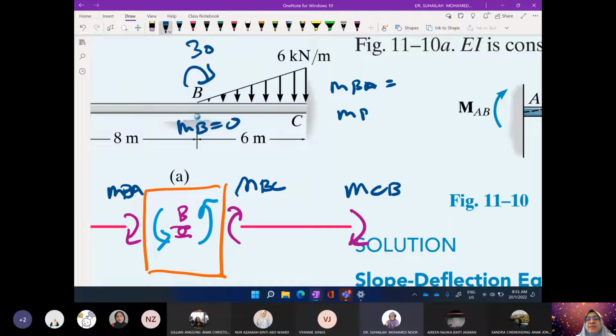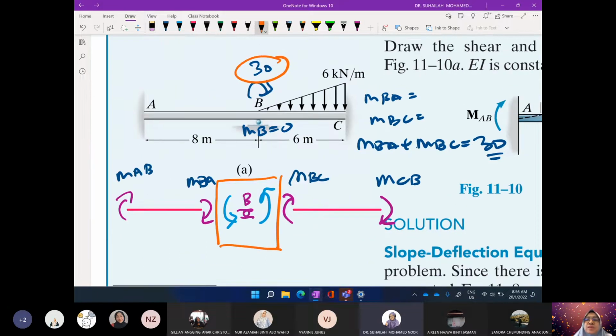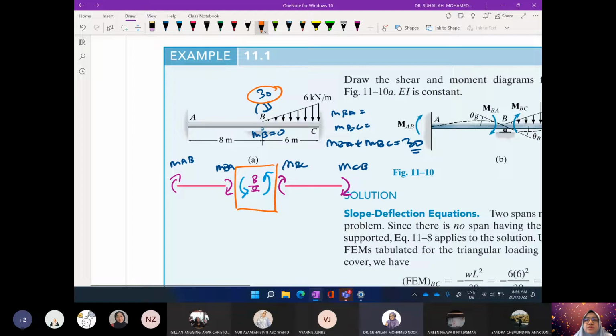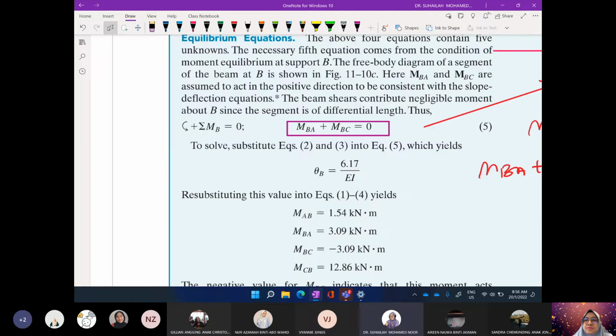Then when we total MBA plus MBC, we get this 30 kilonewton meter. So that is the concept that we apply the same in the table. So this is about the moment and the sign convention.